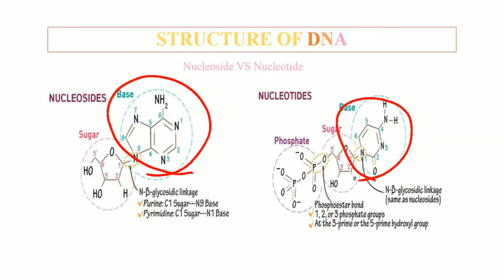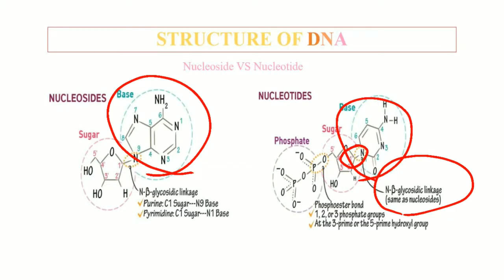So the base is linked with the 1' carbon of the deoxyribose sugar. Here in this figure you can see that this is the 1' carbon of the deoxyribose sugar, and at the 1' carbon the nitrogenous base is attached via the nitrogen beta glycosidic linkage.